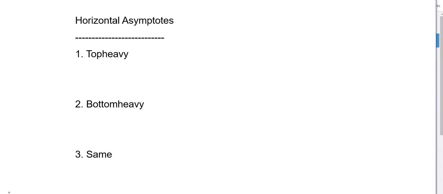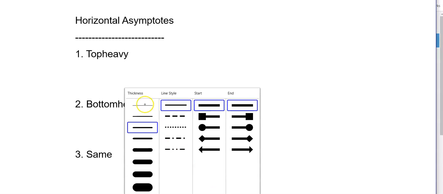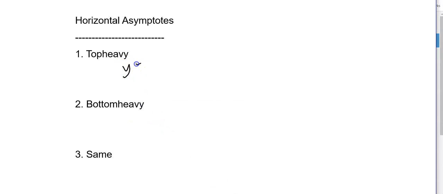The first thing with horizontal, you may have top heavy in degree. What I mean by that is for the fraction, let's say y equals, I'm just going to make up a function here. Let's say I have x squared on top and x in the denominator, and it doesn't really matter what's after this. The degree of the top is 2, the degree in the bottom is 1.